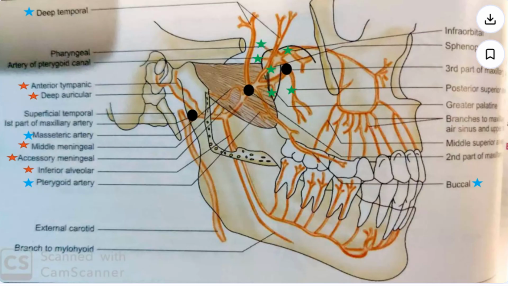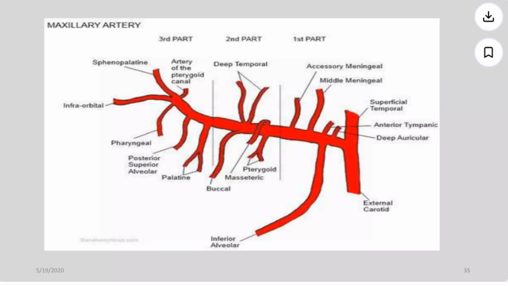We have seen all the branches of the maxillary artery before. So if we go in depth, we'll be seeing all the arteries here. Here is the schematic diagram of all the arteries of the maxillary artery.